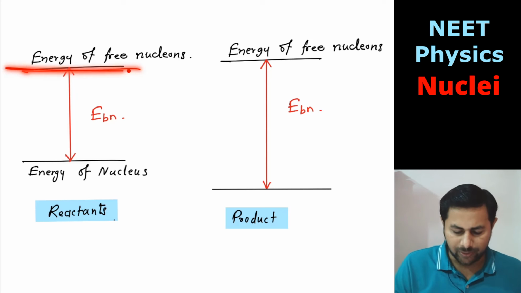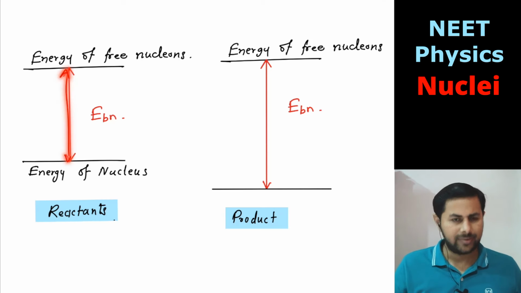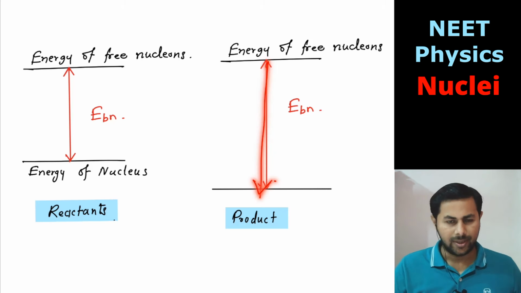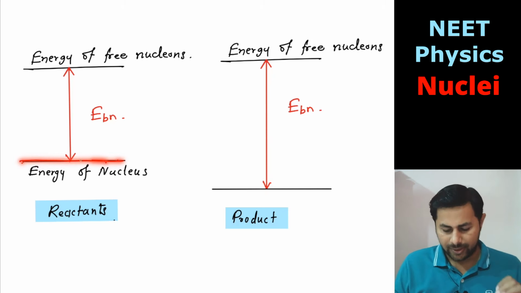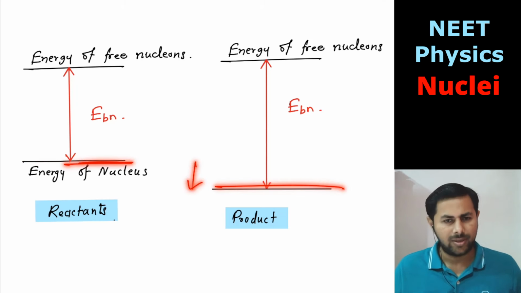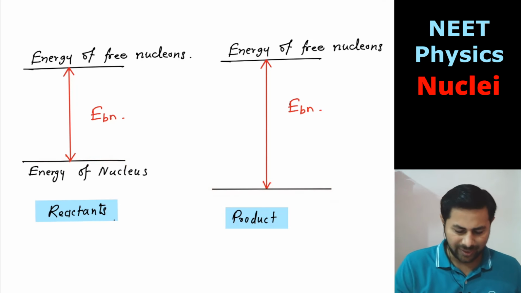But the binding energy of reactants is less compared to that of products. So the energy of the reactant or parent nucleus must be greater compared to that of the daughter nuclei or the product.